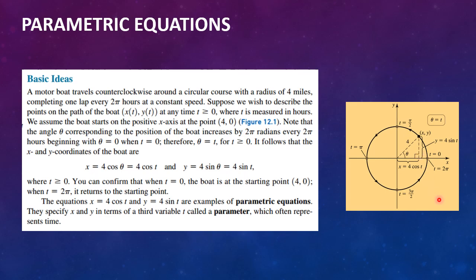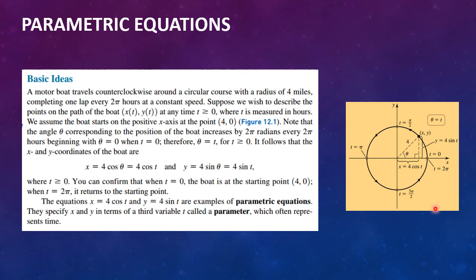It follows that the x and y coordinates of the boat are 4 cosine t and 4 sine t, as you can see in the diagram to the right, where t is greater than or equal to 0. You can confirm that when t equals 0, the boat is at the starting point (4, 0). When t equals 2 pi, it returns to that starting point.